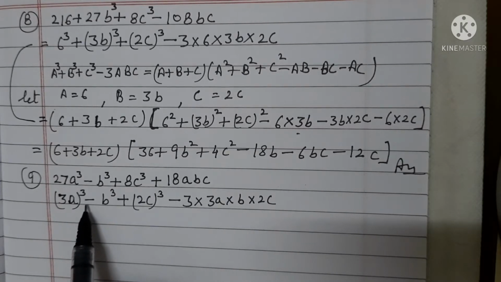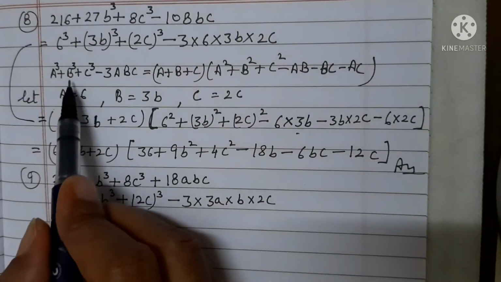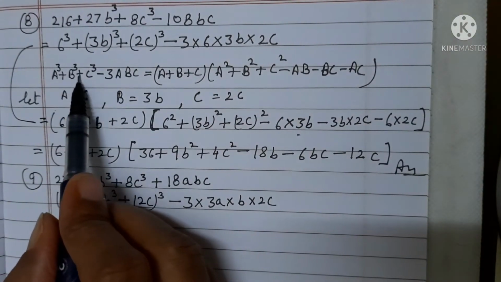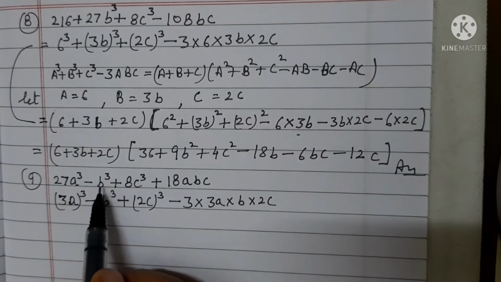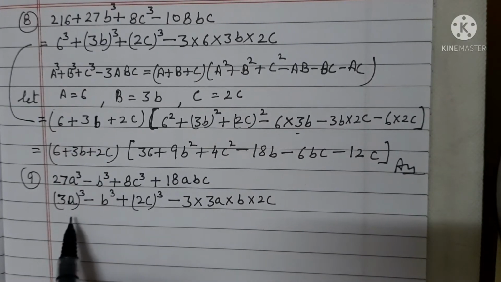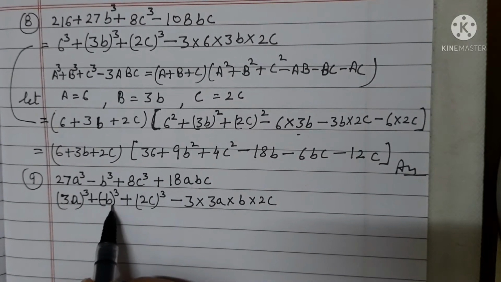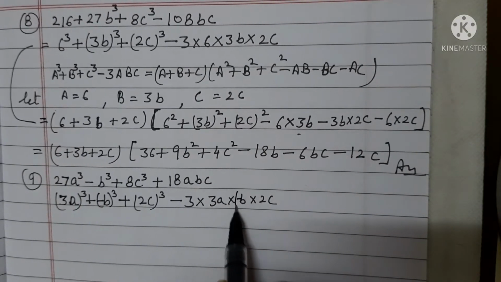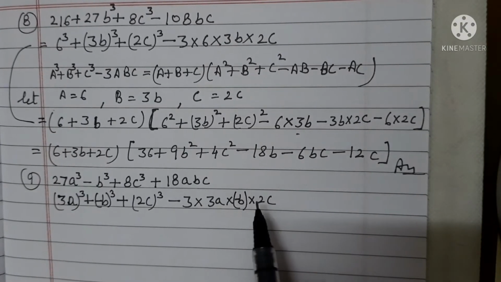And here b means a cube plus b cube plus c cube. In the question the sign is negative, so it means we are taking capital B is equal to minus b. So you can write plus and minus b whole cube, so that this minus and minus becomes plus.